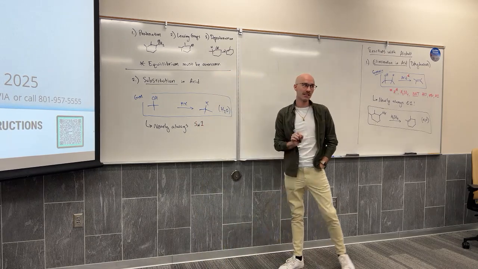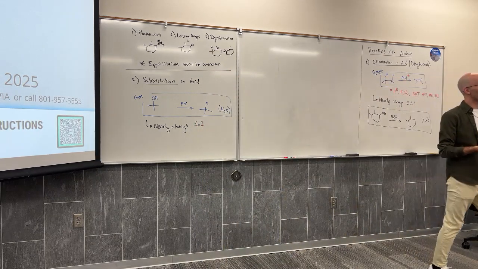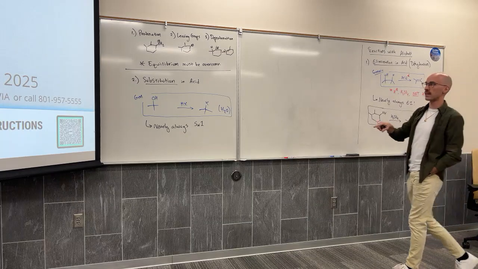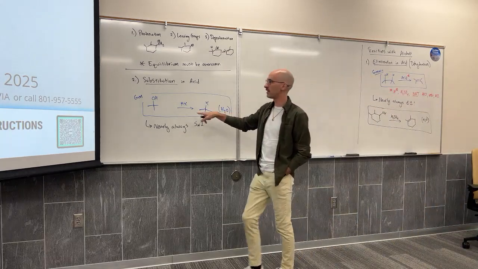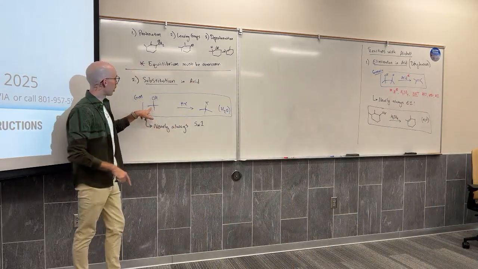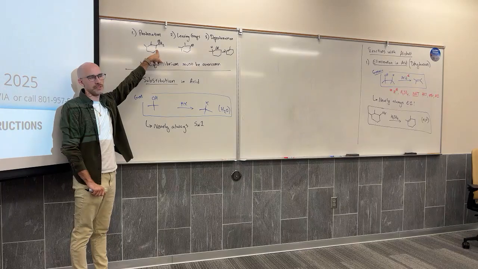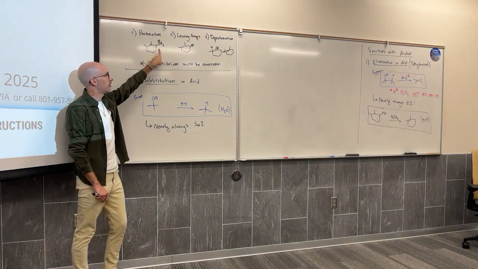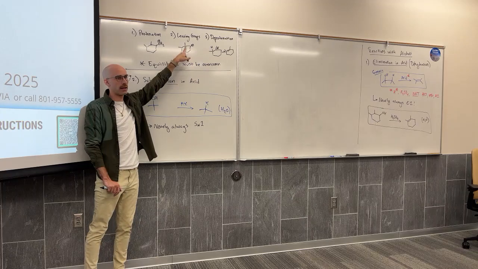And these are nearly always SN1 reactions, for the same reason. In acidic conditions, the alcohol gets protonated and becomes this good leaving group as water, which dissociates into a carbocation.